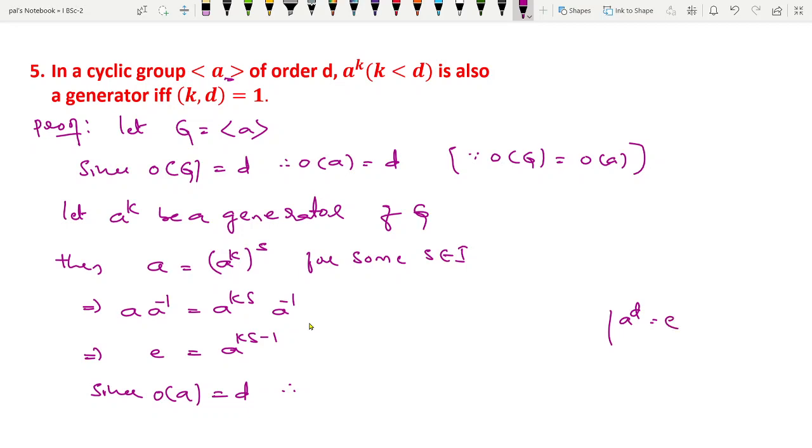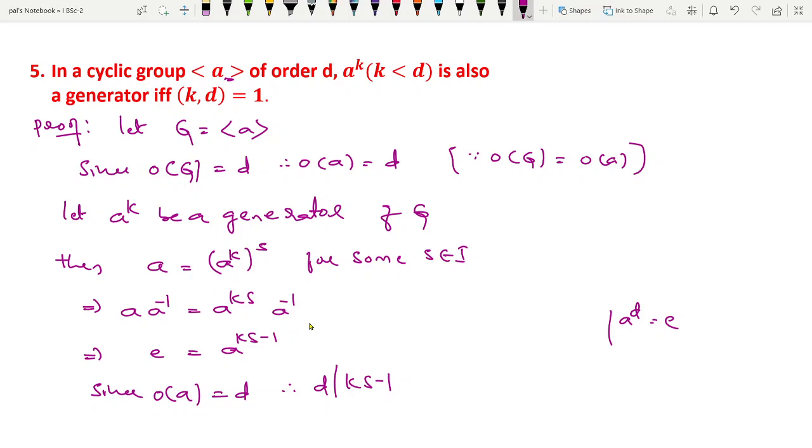So d is the least positive integer such that a power d is equal to e. But here a power ks minus 1 also gives the identity element, so d divides ks minus 1. I think you know this property. You write it as d divides ks minus 1, with a bar.